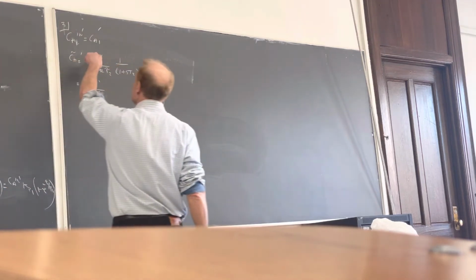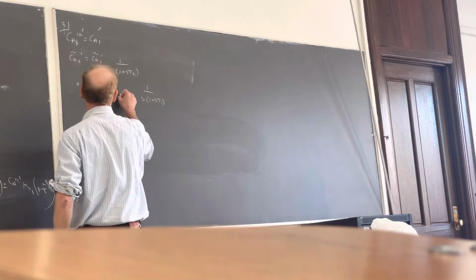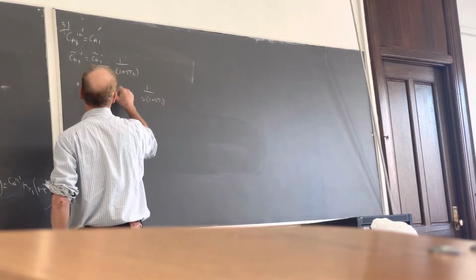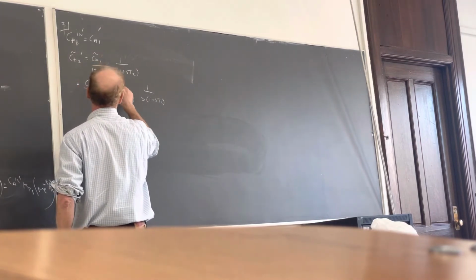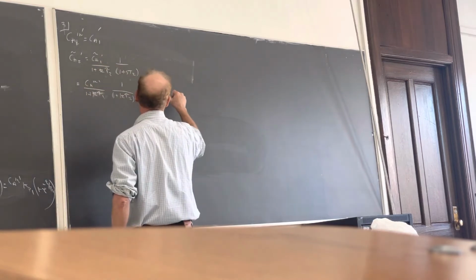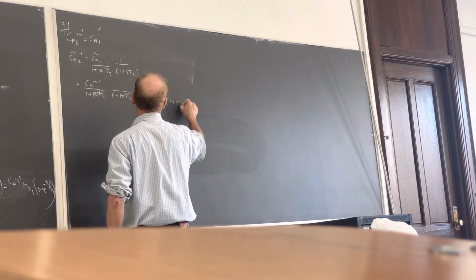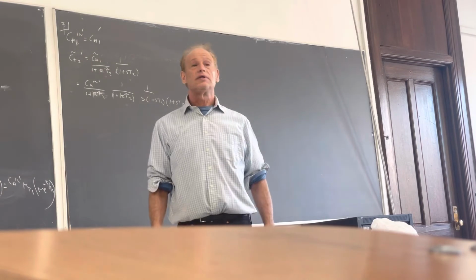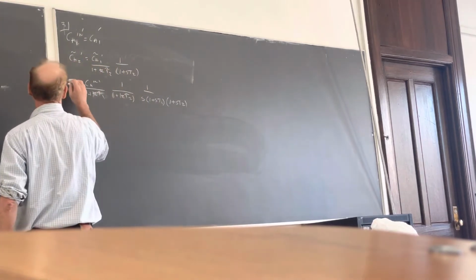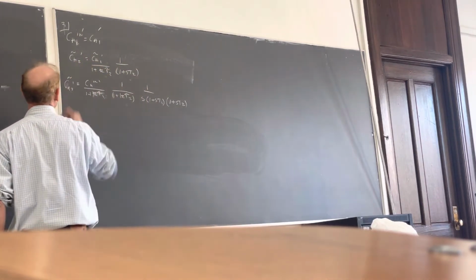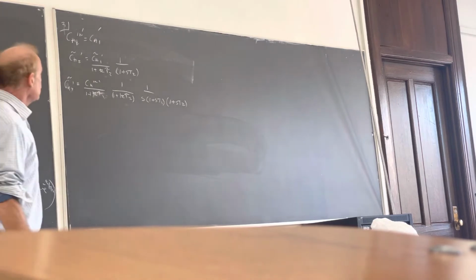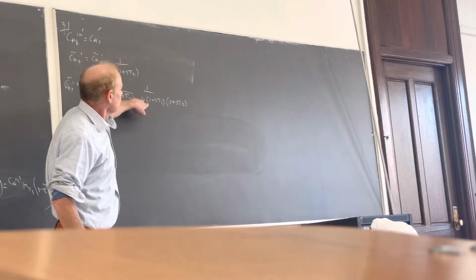That's all CA in prime tilde. Now I have a 1 plus k tau 2 from here, and a 1 over 1 plus s tau 2 here. Is that clear? So for CA2 prime tilde, I have a bunch of constants times this thing.